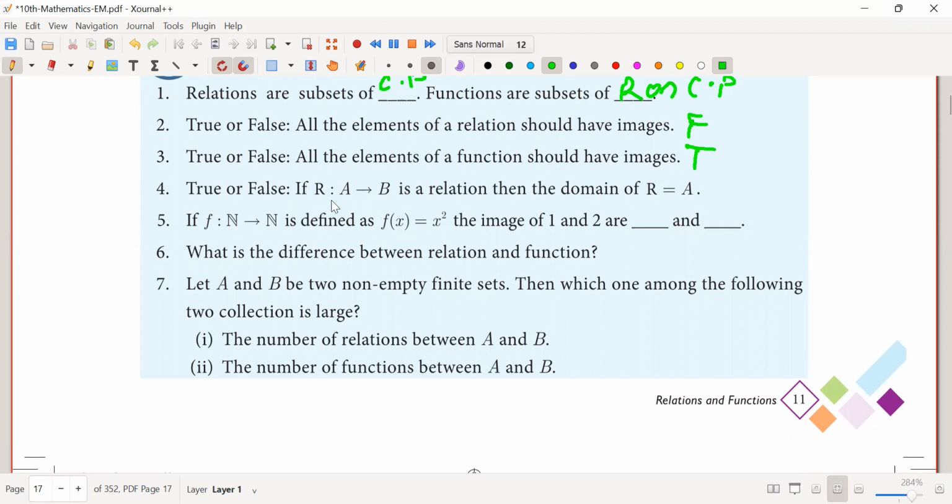If R from A to B is a relation, then domain R equal to A. Right? Definitely not a function, it's a relation.